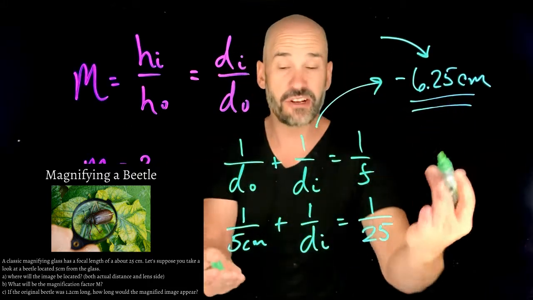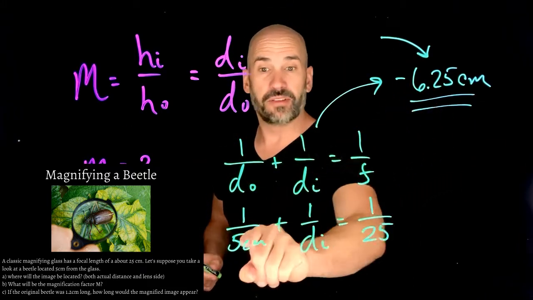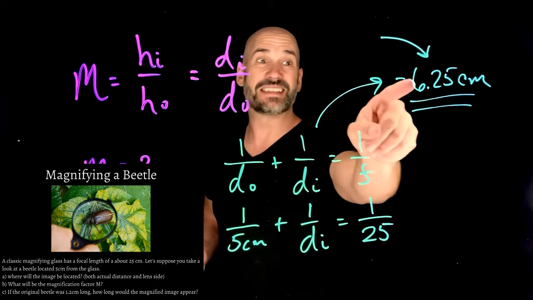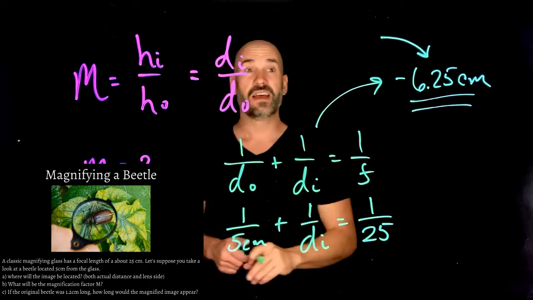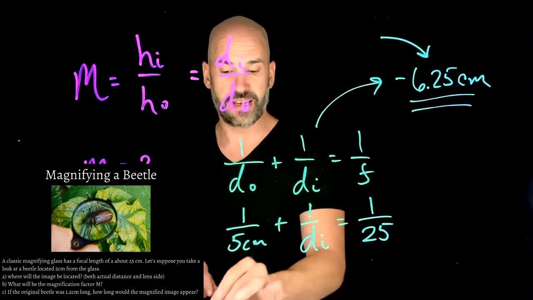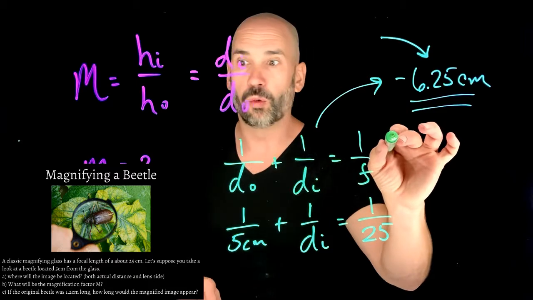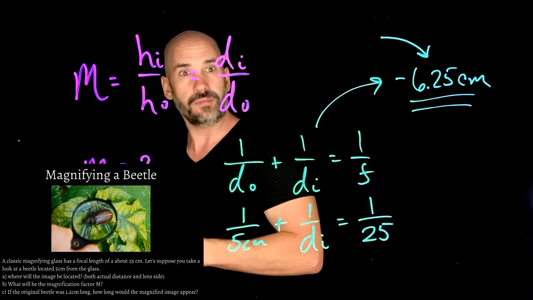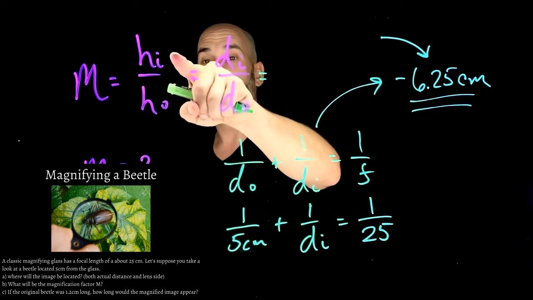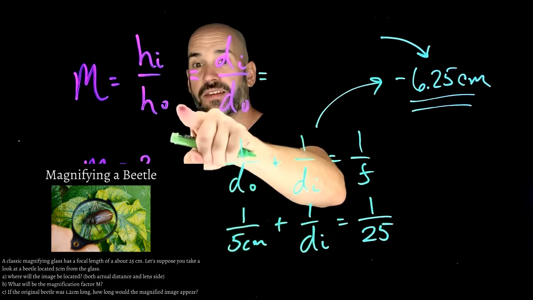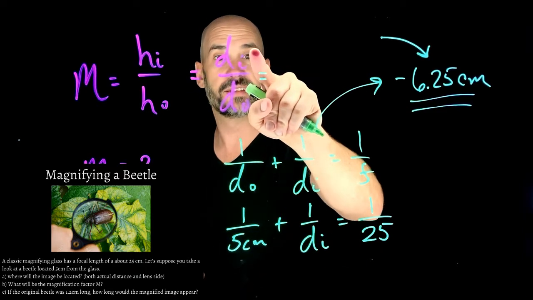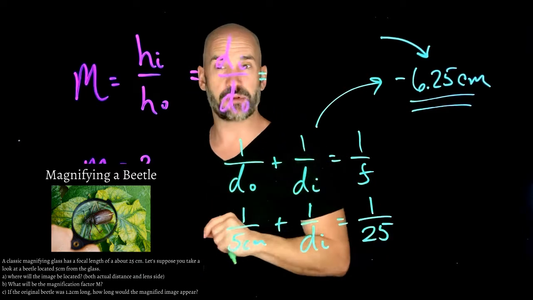That means magnification. Is it magnified? Well, the original object was 5 centimeters away from the lens, and this is 6.25 centimeters from the lens. So if I do my magnification factor, which is what part B is asking for, what is M? Remember, it is just the ratio of the image height to the object height, which is also just the ratio of the distance of the image over the distance of the object.